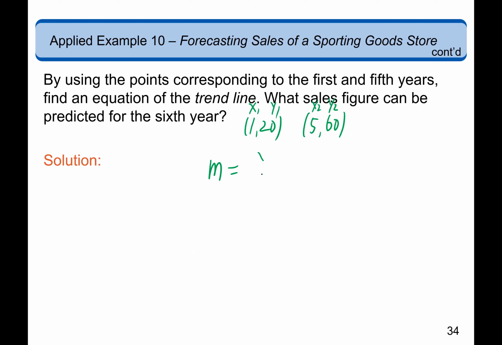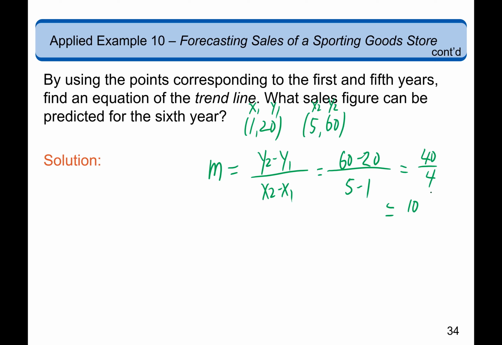Now it's y2 minus y1 over x2 minus x1. So 60 minus 20 over 5 minus 1. This turns out to be 40 over 4, which simplifies to 10 over 1.